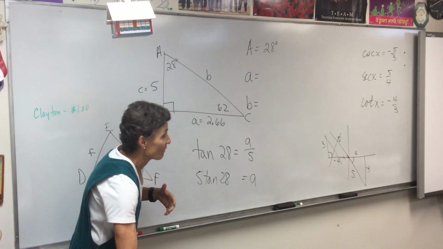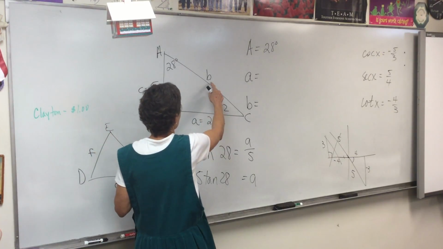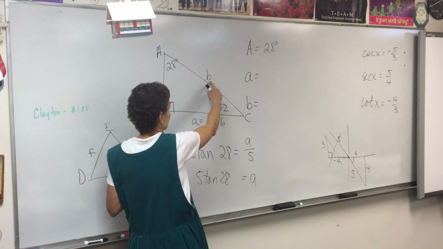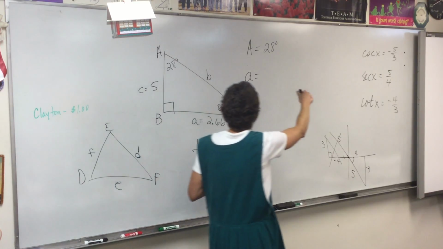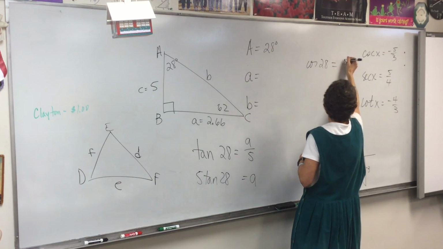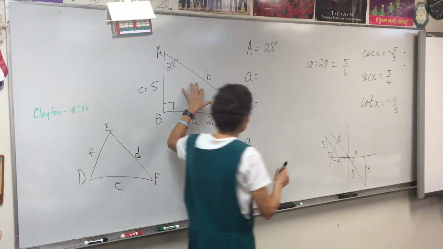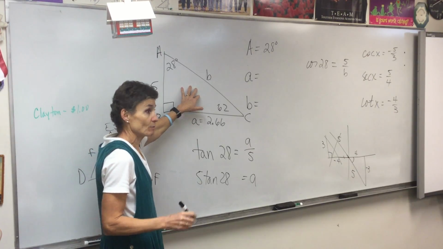That's absolutely fine. Personally, if I'm finding side B over here, I might say cosine 28 equals 5 over B. Would that be true? And then I don't have any round-off there either.